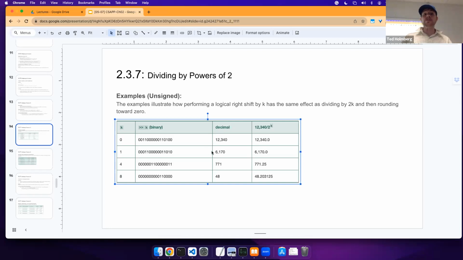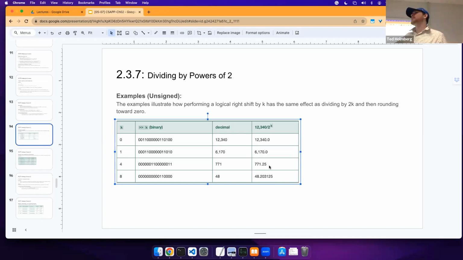So let's shift it by 1 and notice I have my decimal place and the actual value. Notice that does a great job of producing division-like behavior. Let's shift it over by 4 and notice here I'm truncating. So the actual value is 771.25. Integers don't have fractional numbers, so this does a good job of encoding that into a 771, right?